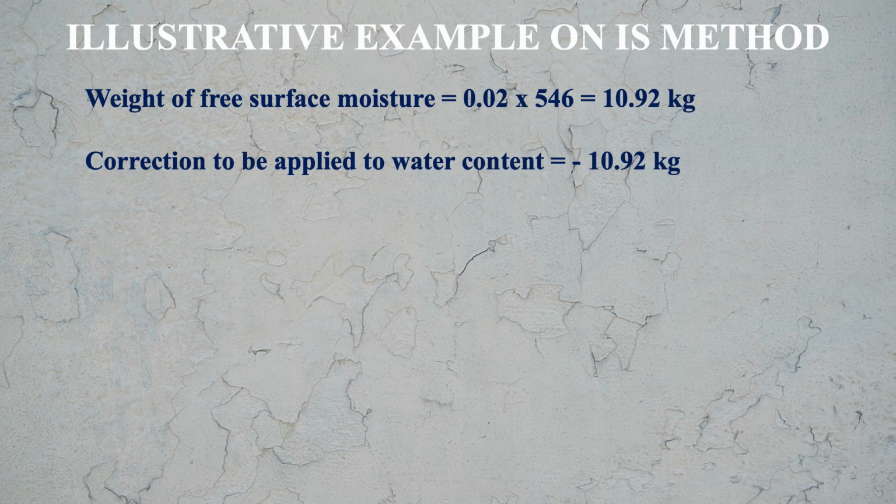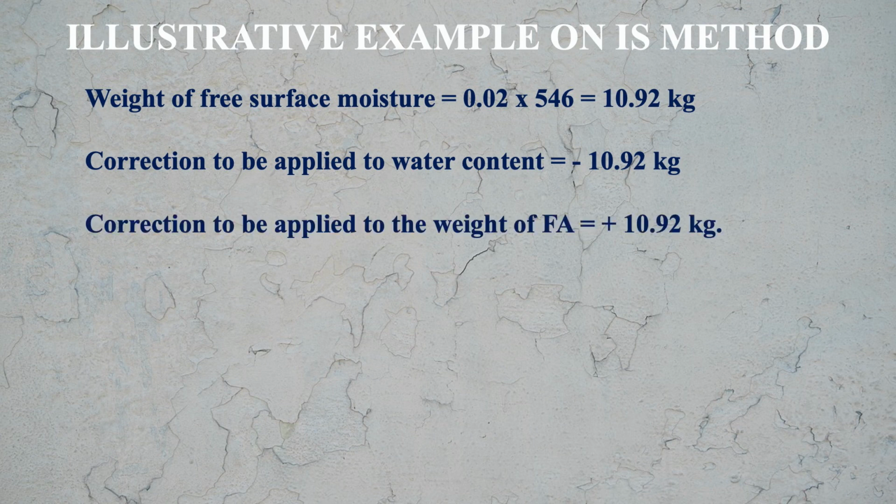So the correction to be applied to the water content is minus 10.92 kg, and the correction to be applied to the weight of the fine aggregate will be plus 10.92 kg, meaning we have to add 10.92 kg more fine aggregate.